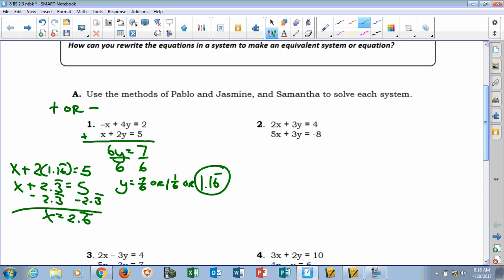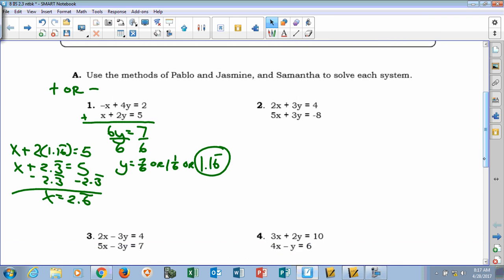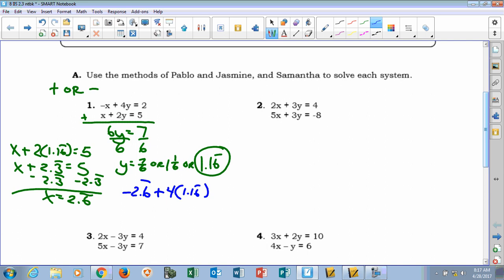So, what do you think we've got to do now? What did we do in substitution when we found both points? We plugged it back in and checked it. So we're going to use the other equation we didn't use to check it. Okay? Here, we'll do this in blue. So up top, negative 2.6 repeating plus 4 times 1.16 repeating needs to equal 2.